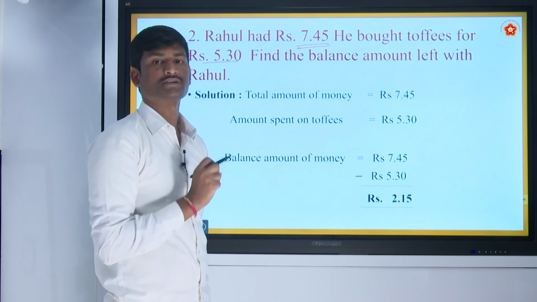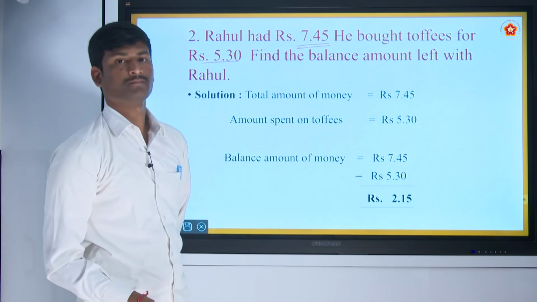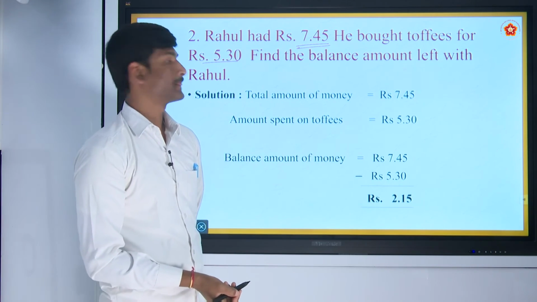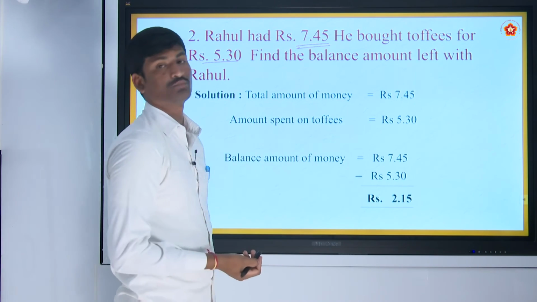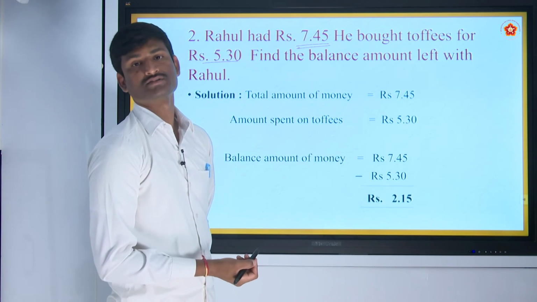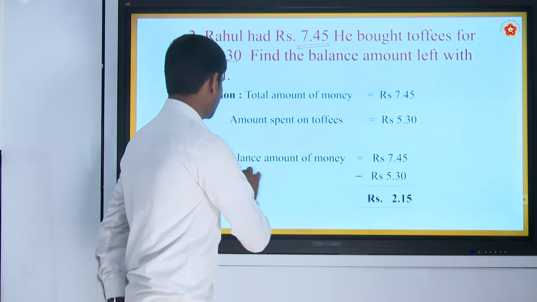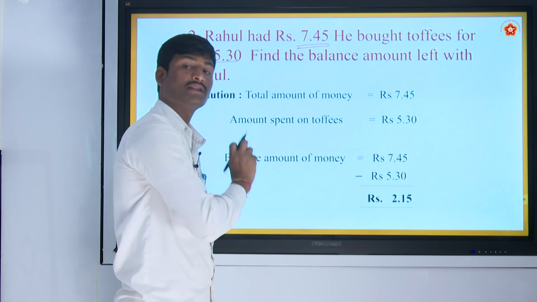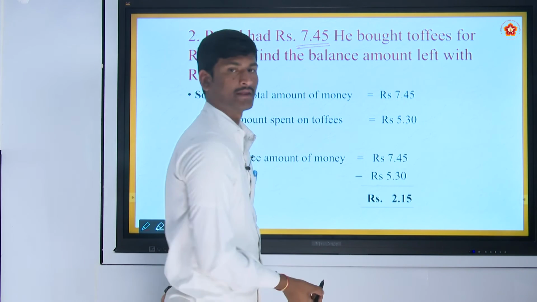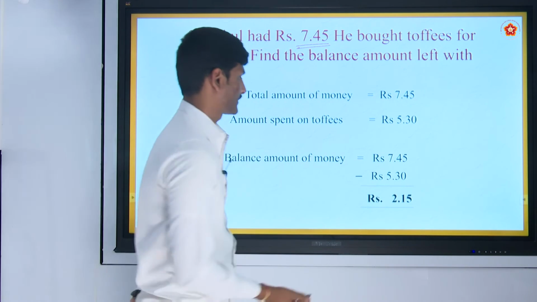Total means addition. Here, solution: total amount of money Rahul had is 7.45 rupees. Amount spent on toffees is 5.30 rupees. Okay. To find the balance or remaining amount, it is rupees 7.45 minus rupees 5.30.